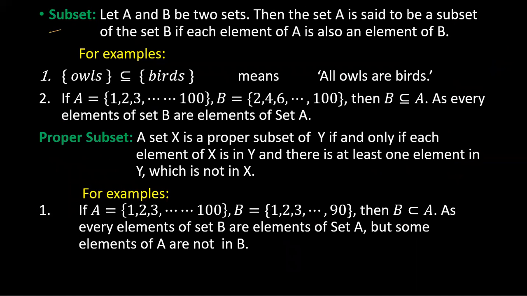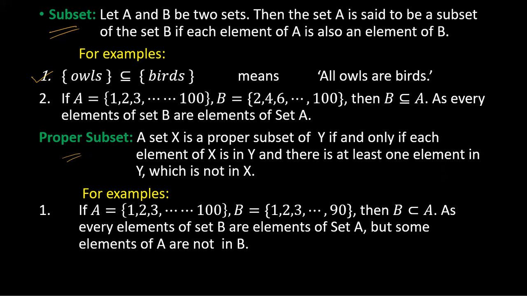Now subset. This is really very important. Subset and proper subset. You need to properly understand what is meant by subset and proper subset. Let A and B be two sets. Then set A is said to be a subset of B if every element of A is also an element of B. I have given one example.